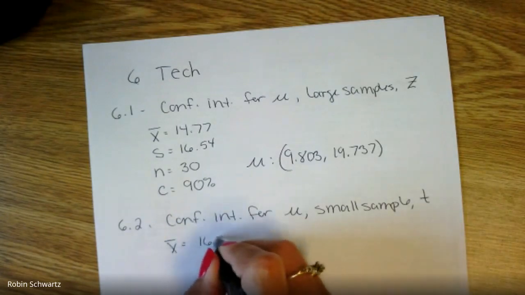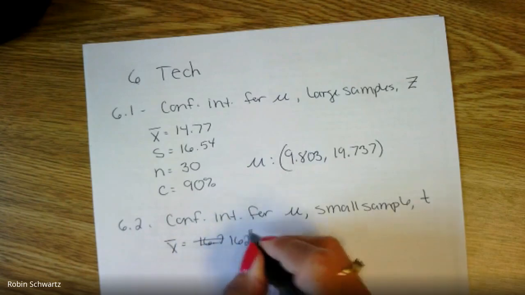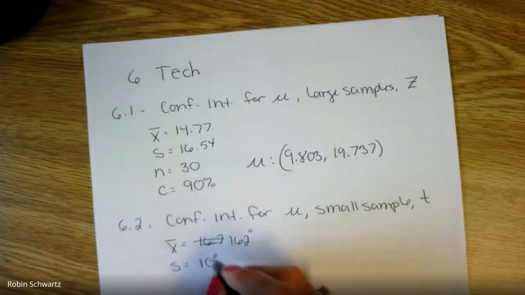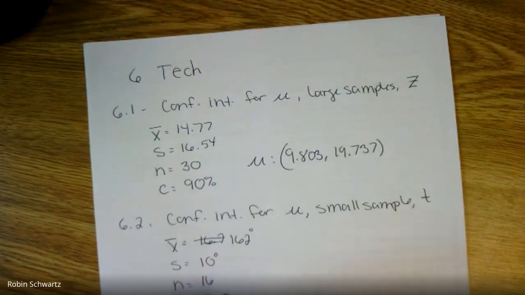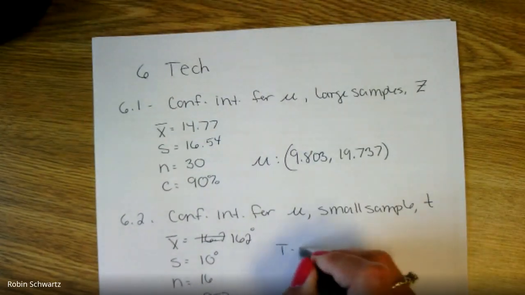So an example we had in section 6.2 was the mean temperature of 162 degrees. S was 10 degrees. Sample size was 16. Confidence level 95%. And we did know that this was normally distributed, so we can actually do this. So this one's a T interval.